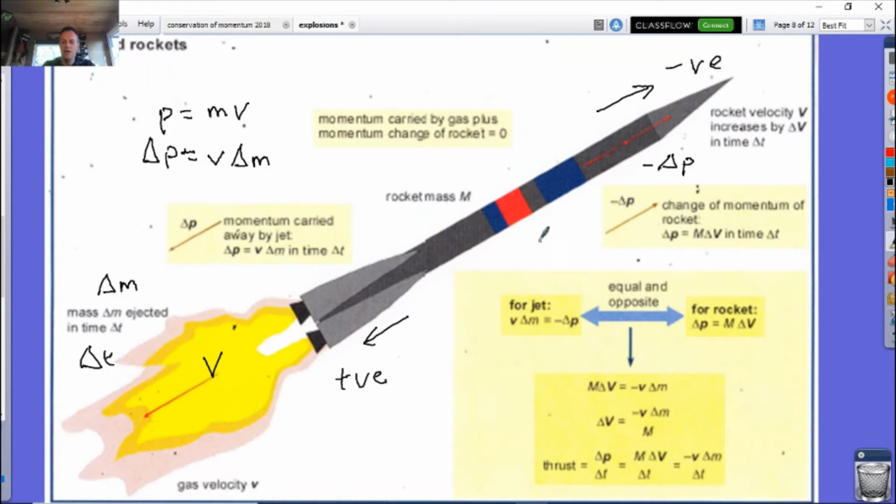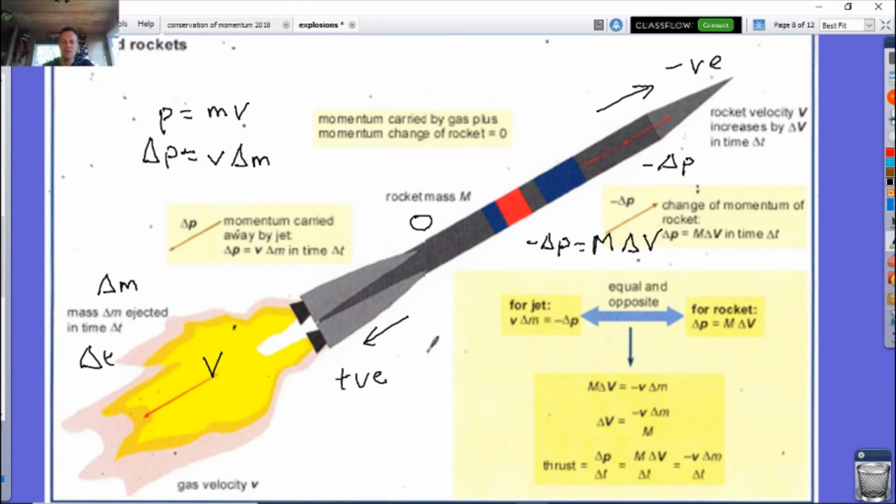Okay, now the minus delta p here is going to be the big mass of the rocket, M, multiplied by the change in velocity, delta v. Therefore, the momentum before this explosion, because it's going to be an explosion, must be 0. The rocket was sitting on the ground. Then the explosion happens and all the gases come out here. The momentum afterwards still must be 0.